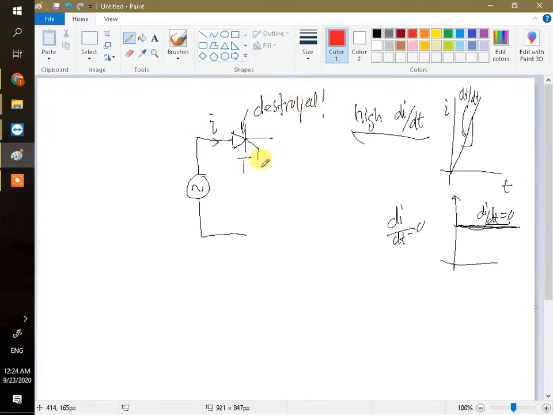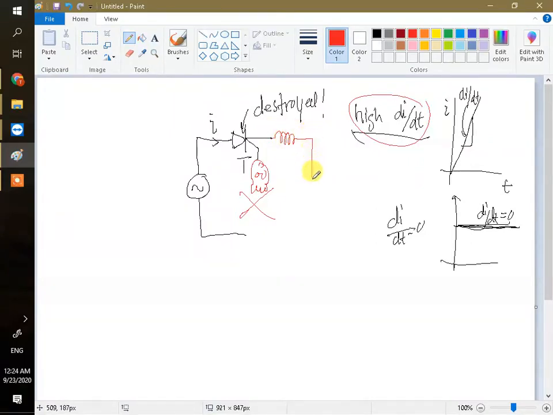The transistor will die when you put a high DI/DT through it. To solve this problem, what you can do is use one inductor.